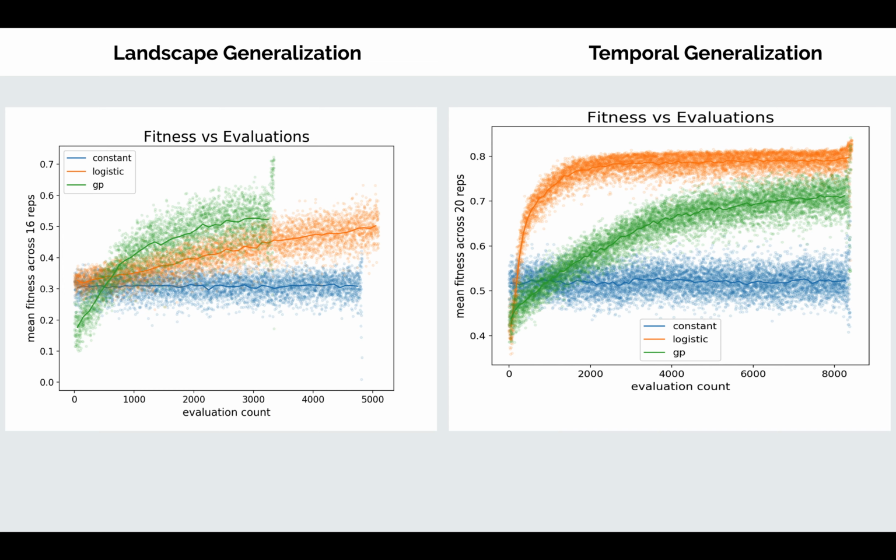If we could carry this experiment out for longer, I would guess that they would both converge to the same fitness value. Alternatively, in the finer temporal generalization experiment, the GP model simply approaches the performance of the logistic function.